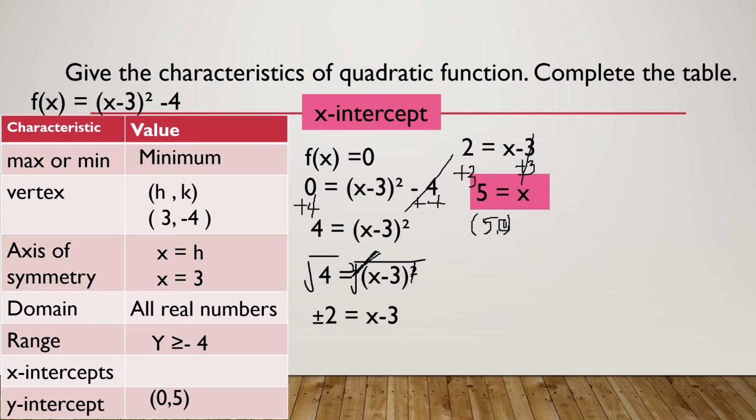Okay, now, the other one is, equate natin sa negative 2. Ayan. Pinaghiwalay ko lang yan ha. Yung isa positive, yung isa negative. So, ito na ngayon ang negative. So, anong gagawin natin? To solve for x again, we need to add positive 3 on both sides of the equation.